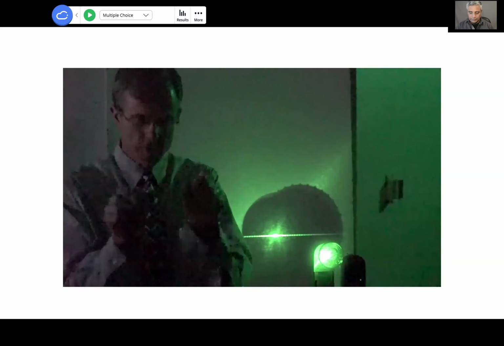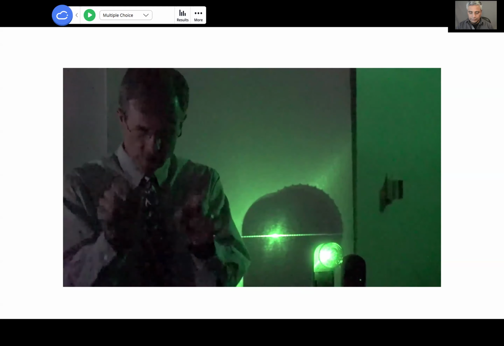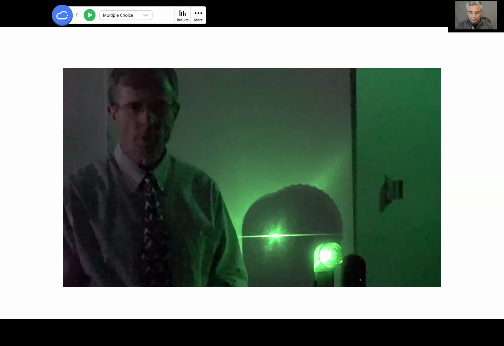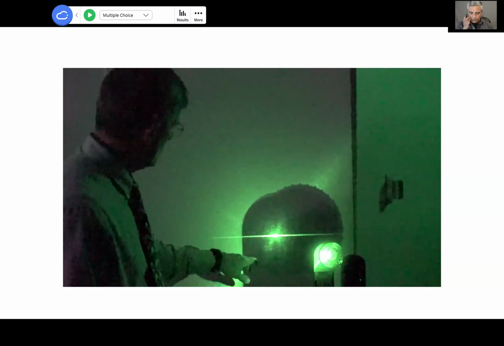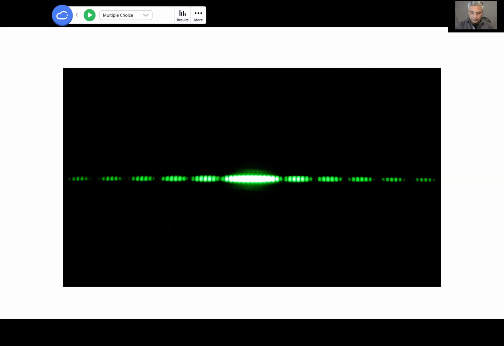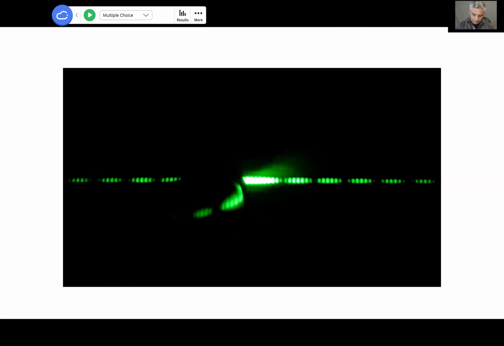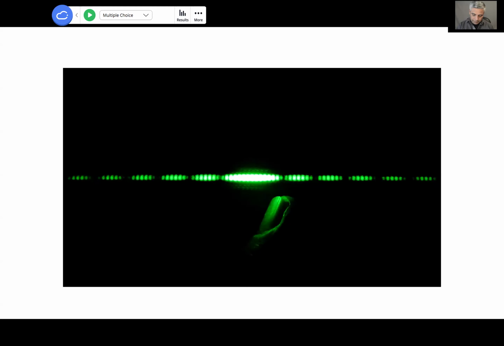In both cases, each of the 2 slits is 0.04 millimeters wide. So what you see now is the pattern produced by this 2-slit pattern. And you can see a big bright spot here, but I'm hoping you'll be able to see that there are small divisions, maybe 10 or 12 divisions within this big bright spot.